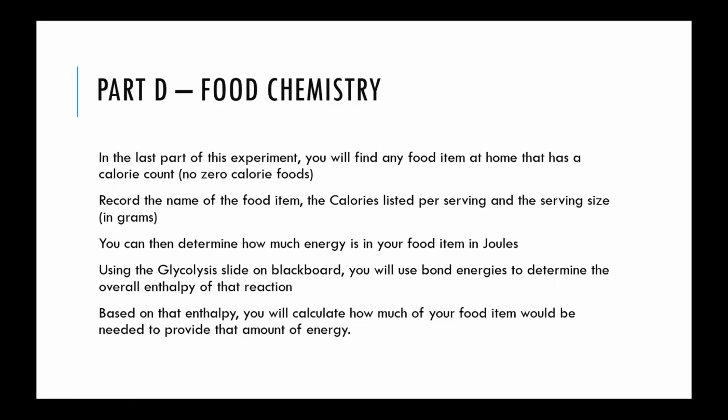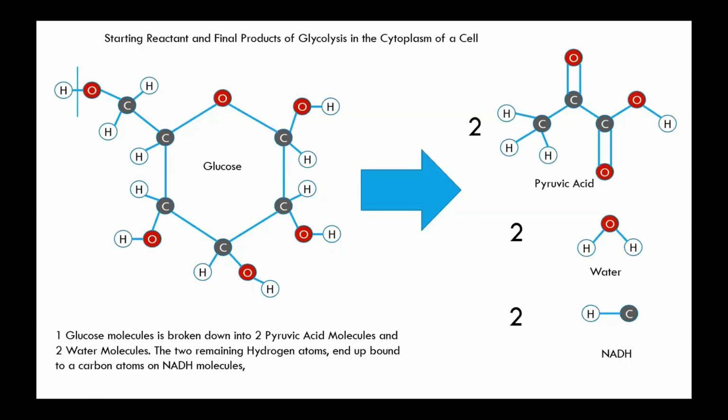Then you're going to use the glycolysis slide that's found on Blackboard to see the energy and enthalpy that is involved in the process of glycolysis, which is how your body generates energy. This is the glycolysis slide found on Blackboard. There is 1 molecule of glucose that turns into 2 molecules of pyruvic acid, 2 molecules of water, and 1 of the hydrogens ends up being bound to a carbon on an NADH molecule.